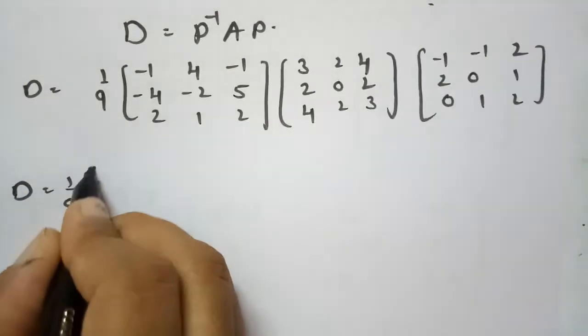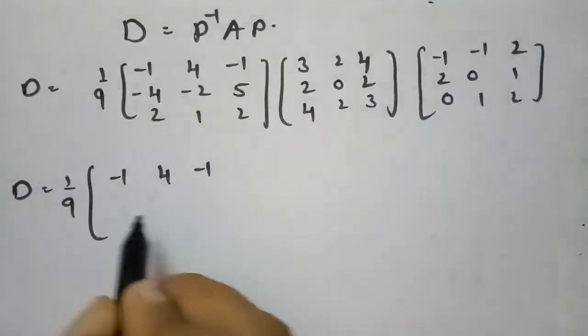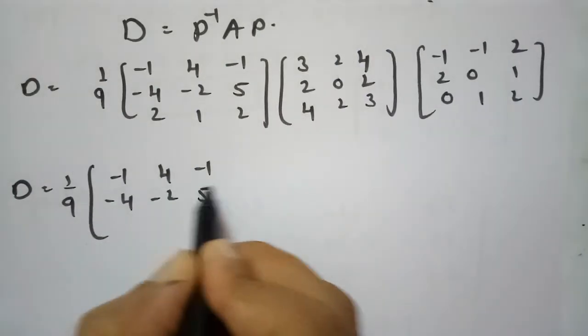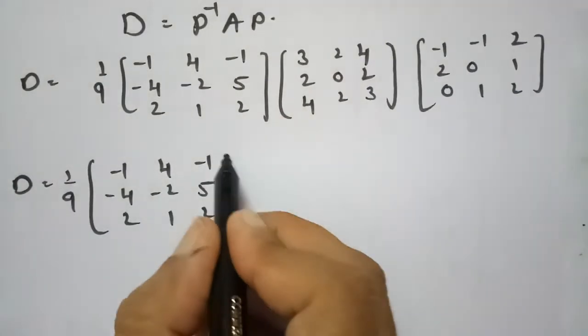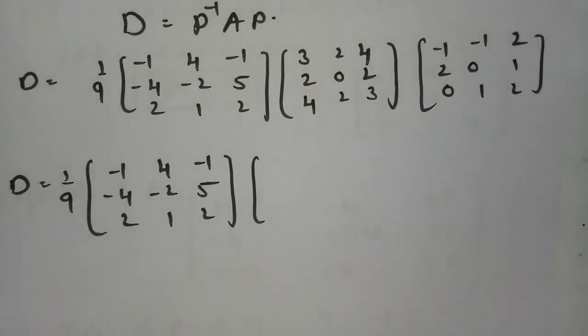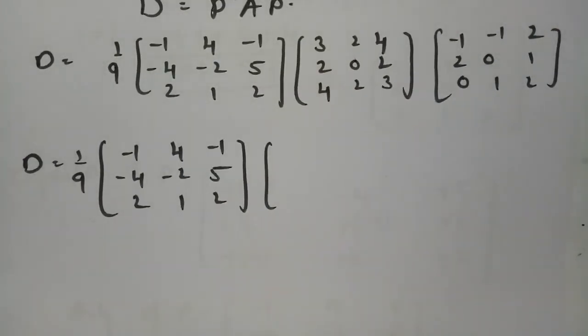D is equal to 1 by 9 times of [-1, 4, -1], [-4, -2, 5], [2, 1, 2], into A times P. If I multiply this one, see what happens here.